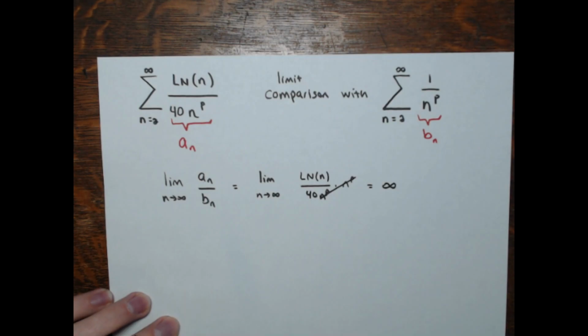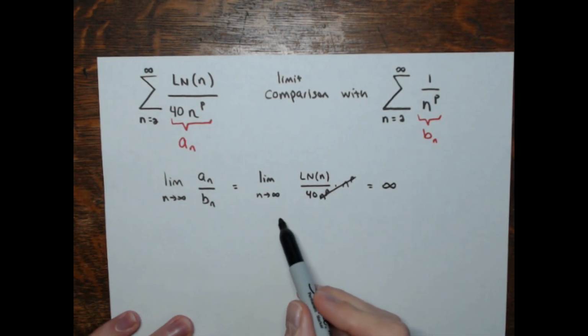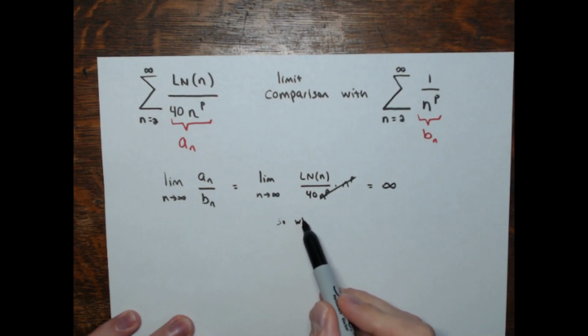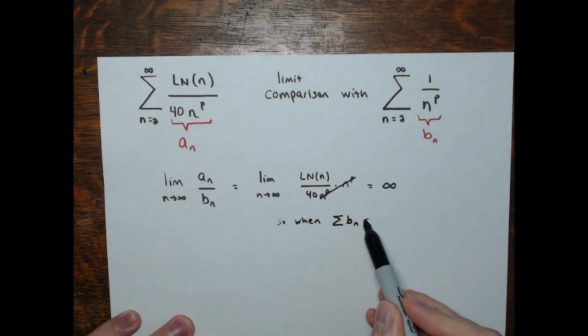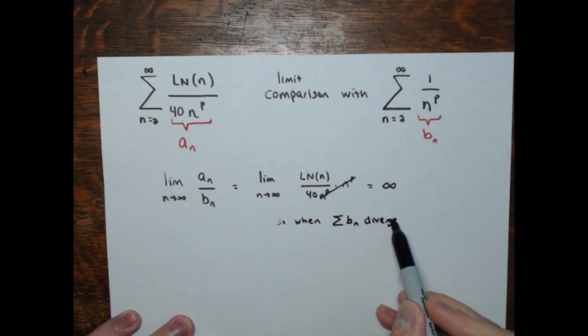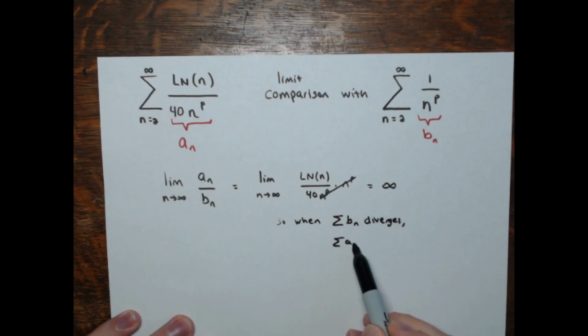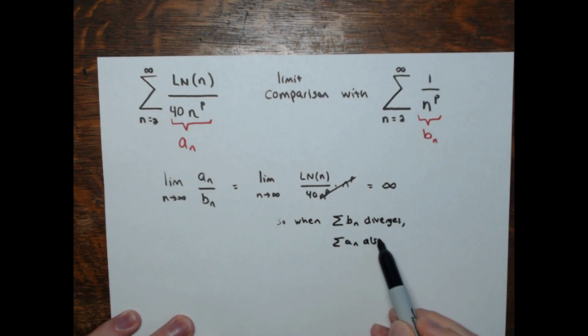That was really all we could say in that third case of the limit comparison test, right? When the limit was infinite. So when the sum of the b's diverges, the sum of the a terms, the numerator terms, also diverges. But again, that's all we could say when the limit was infinite.